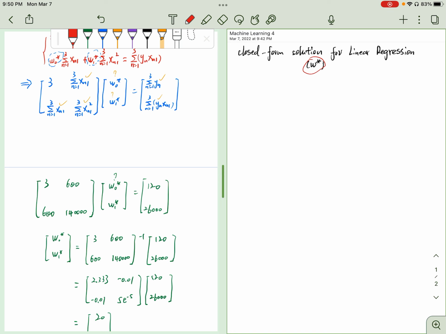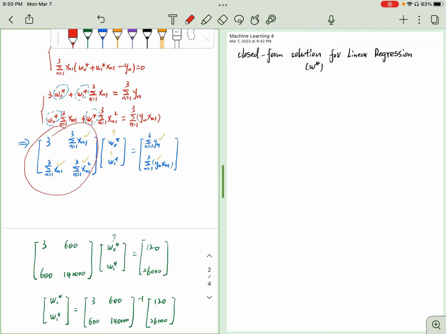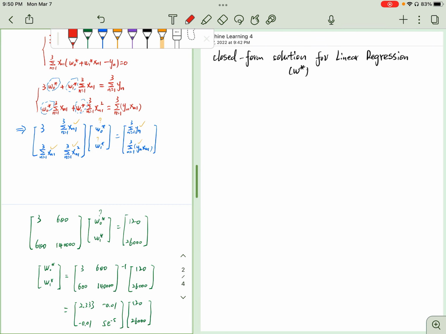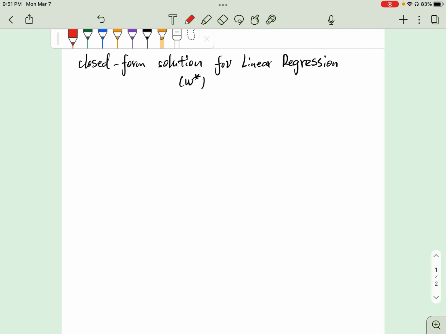We need to have a solution for how to calculate omega star, and we ask our computer to calculate it. So here we will generalize this solution and find the optimal weights. In this video, I will have some mathematical calculations, and it's all about matrix and vector calculations.